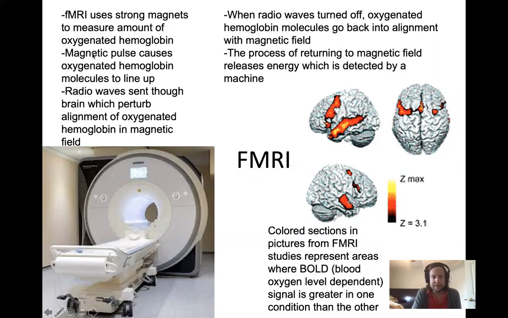So the way this works is that your whole body, including your brain, is inside this little tunnel looking thing right here. And a magnetic pulse is applied. What it does is it causes the oxygenated hemoglobin molecules in your brain to line up across the magnetic field.